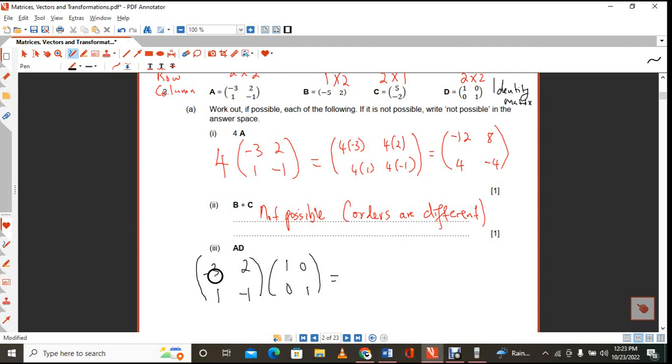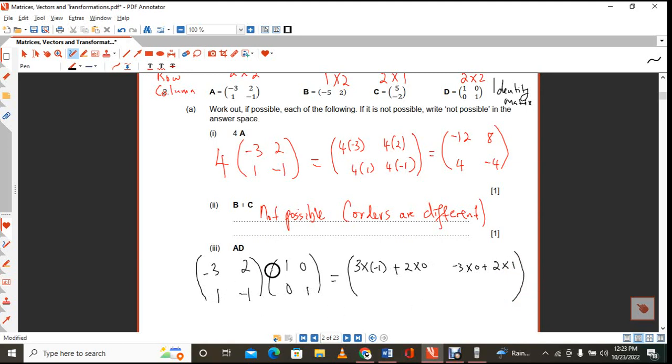Now, once you multiply, I hope you still remember how to multiply the matrices. So you take -3 times -1, plus 2 times 0. And then you take the same thing, you say -3 times 0 plus 2 times 1.